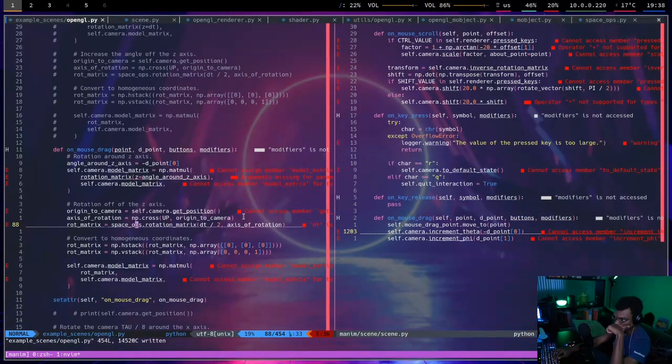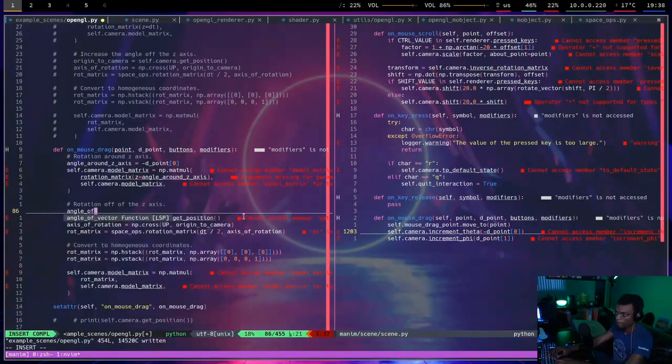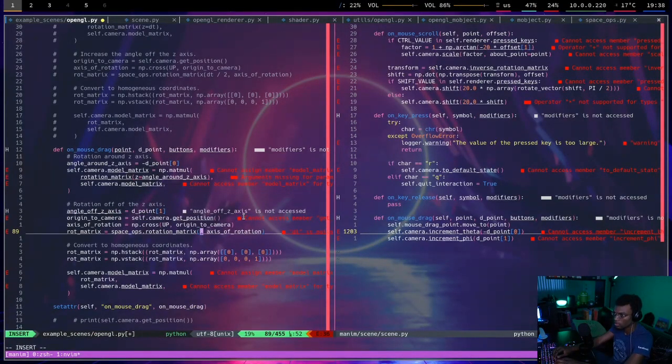Then I'm getting a rotation matrix about that axis of rotation. Let me get the angle. This is D point index at 1. Okay, getting the rotation matrix around that axis of rotation.